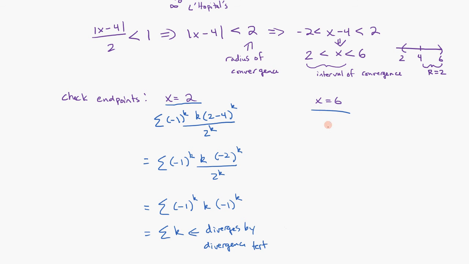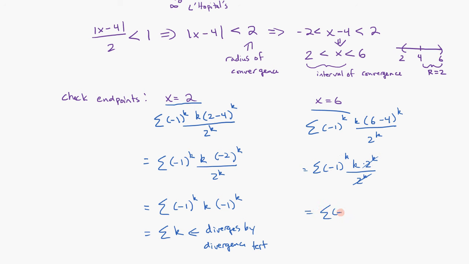So let's check the right endpoint. So you plug in x equals 6 into the series, so this becomes the sum of (minus 1) to the k times k times (6 minus 4) to the k over 2 to the k. Then this is just the series sum of (minus 1) to the k times k times 2 to the k over 2 to the k. Then this cancels out.